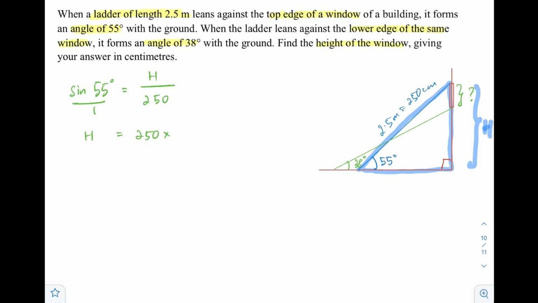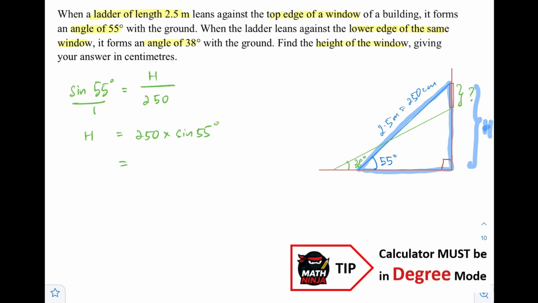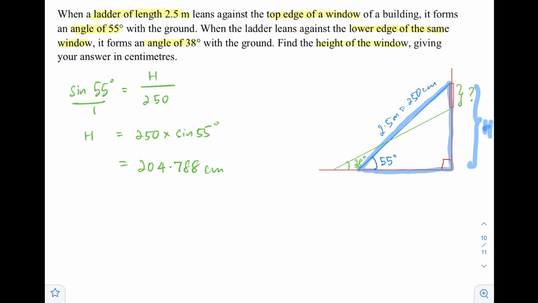So I have 250 times sine 55 degrees. I can just press the calculator, and of course, I'm going to get 204.788 cm.